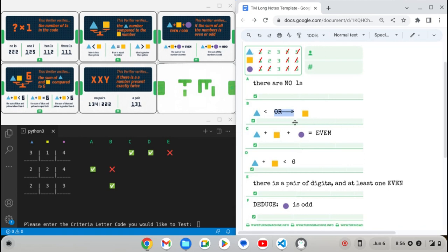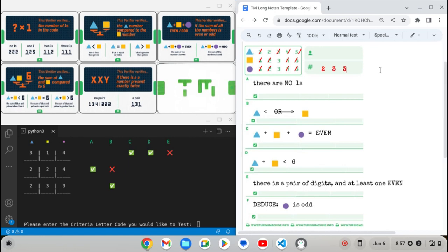So indeed, triangle is less than square, and that is the correct answer. So let me go ahead and cross out the 3 in triangle, and then cross out the 2 for square. And so it looks like our solution is 233.